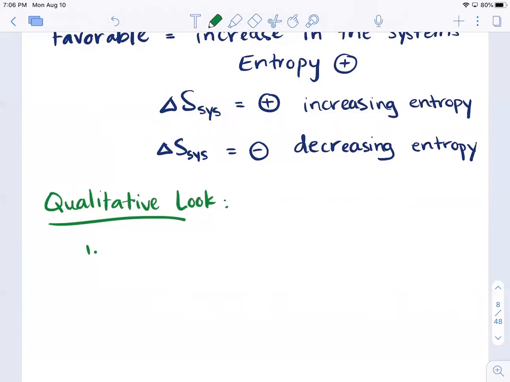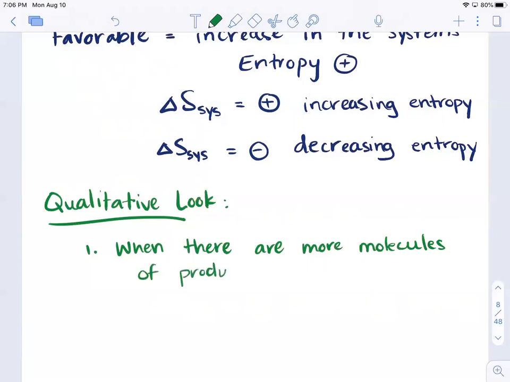So for our qualitative look, what we want to first think about is when there are more molecules, or we can think about moles, right? More moles or more molecules of product, delta S of the system is positive.